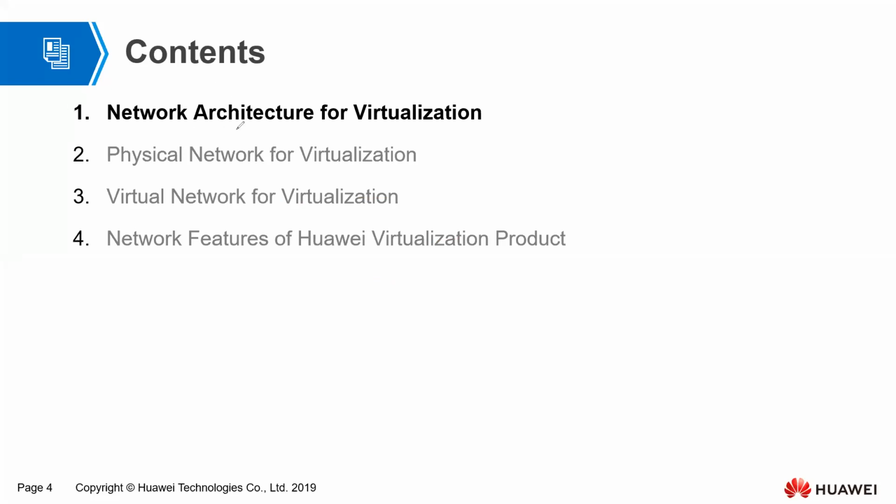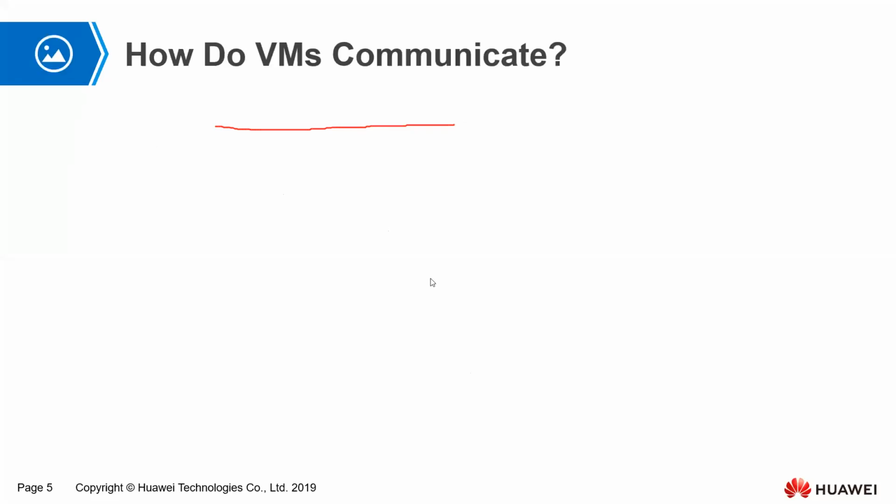So we were saying, upon the completion of this, actually these are the contents, and we are looking at the network architecture for virtualization. We asked ourselves, how do virtual machines communicate, given the fact that they run inside servers?